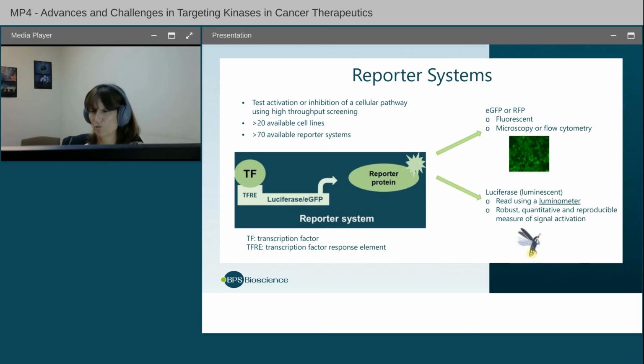And with luciferase, which is a luminescence system, you can read the signal using a luminometer. This is a very robust, quantitative, and reproducible measure of signal activation, and it can be very useful to see if your kinase is active and which cellular pathways they're working with.